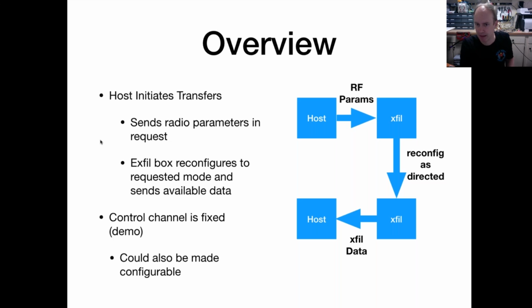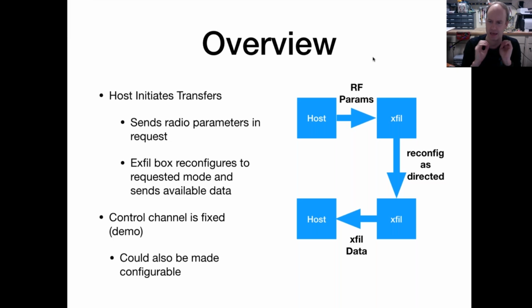And that computer has some amount of code on it that will transfer to the Exfil box inside the target location a set of RF parameters saying, hey, go ahead and reconfigure yourself to use a particular frequency, a particular type of modulation, a particular type of encoding.